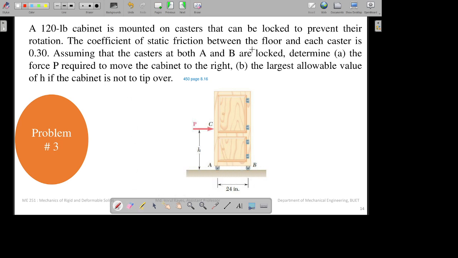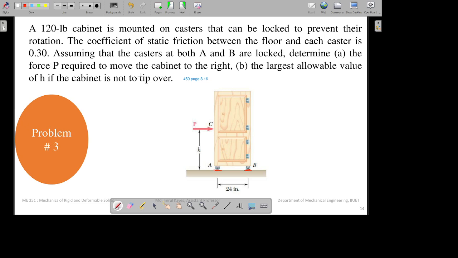The coefficient of static friction between the floor and each caster is 0.30. So the static friction coefficient is 0.30 for the surface and the contact of the caster over here. Actually, friction is going to occur in that surface and in that surface, in these two surfaces over here.